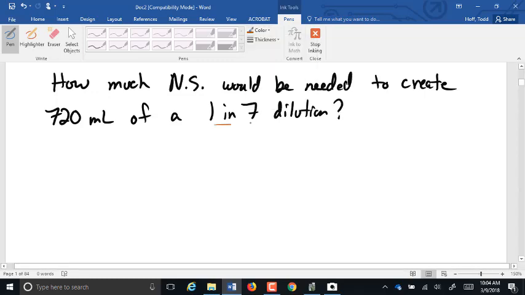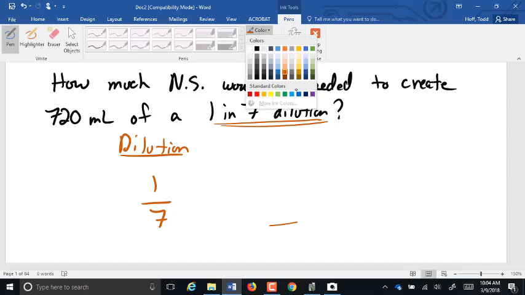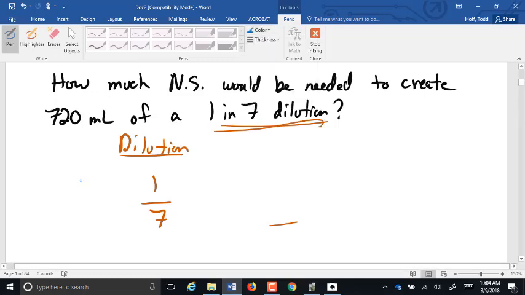So once again, we start out with our dilution. That is 1 in 7 ratio. What does the 1 represent? The part serum. What does the 7 represent? The parts of total solution.